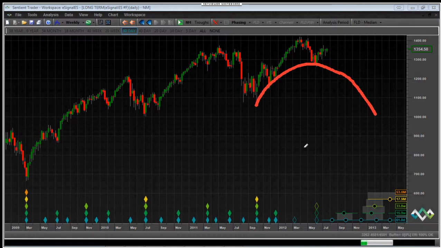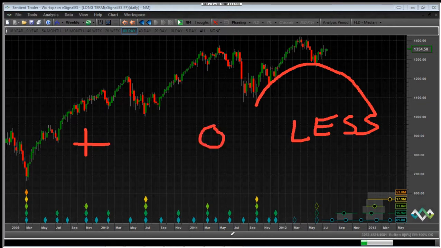How bullish do we expect this 18-month cycle, and I've just drawn a very rough, meaningless semicircle there, how bullish do we expect this cycle to be? We expect this cycle to be, again, less bullish than the previous cycle. I hope you all understand that. So this one you expect to be very bullish, plus. This one here you expect to be less bullish, let's call it 0.